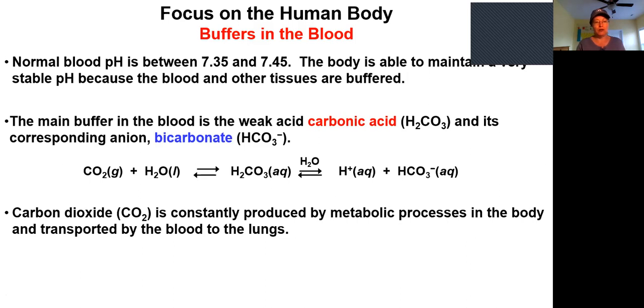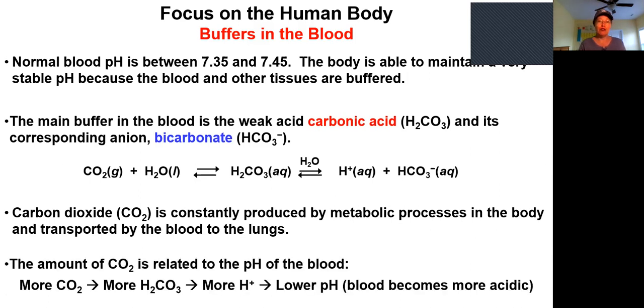Well, carbon dioxide is constantly produced by the different chemical reactions, the metabolic processes in our bodies, and it will be transported by the blood to the lungs. The amount of carbon dioxide that's in our blood determines the pH of our blood.